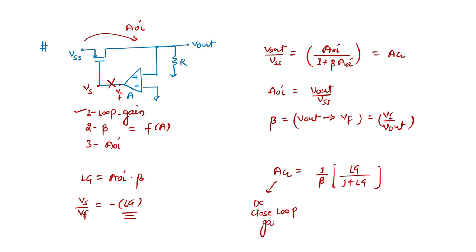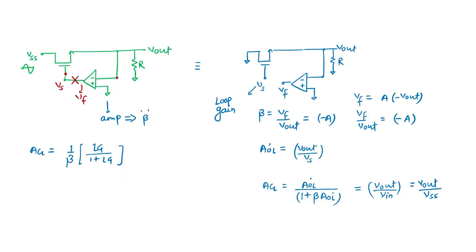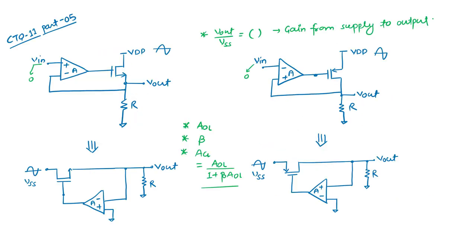gain. Okay, so my way of telling is that I want to see the effect of the negative feedback system. I will not go into the depth of the calculations here because you have to do this on your own. The point here was to make you aware of this, looking at the negative feedback system.